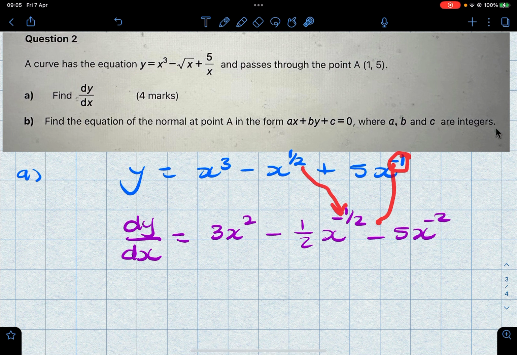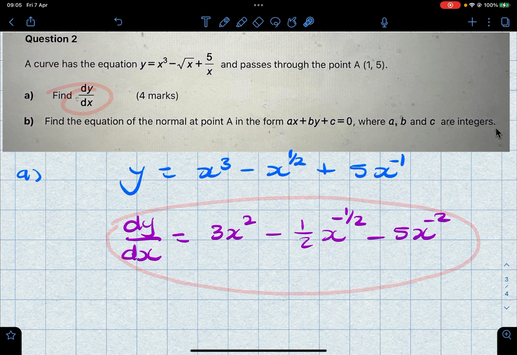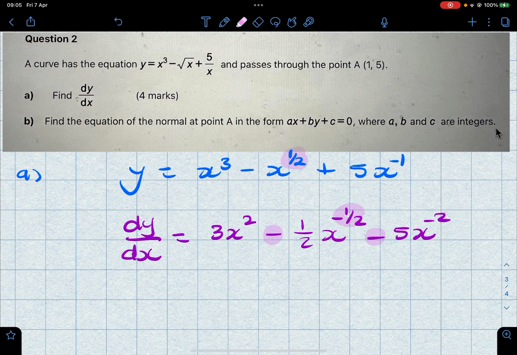I multiplied by minus 1, and I subtracted 1. So that is the answer for that, and you get 4 marks for doing that. So just watch out for the signs, and watch out that when you subtract 1 from half, you get minus half. Okay, so that's part A.